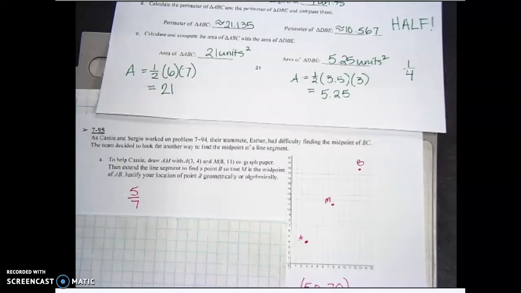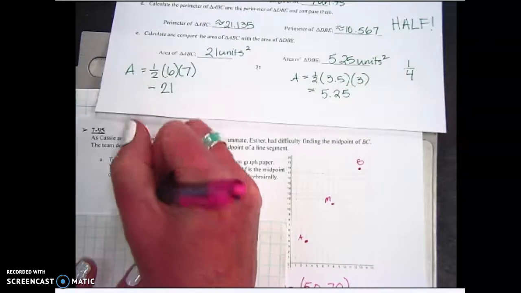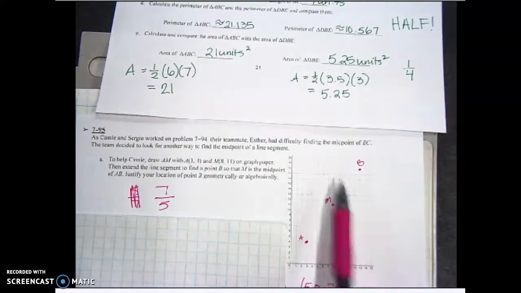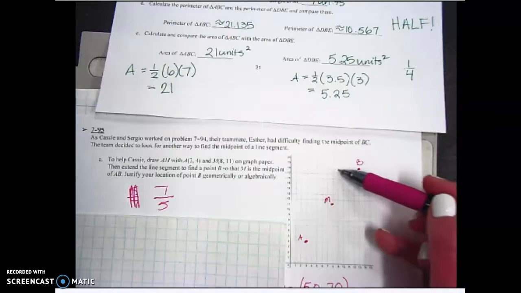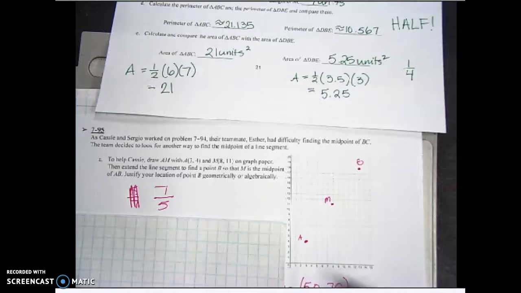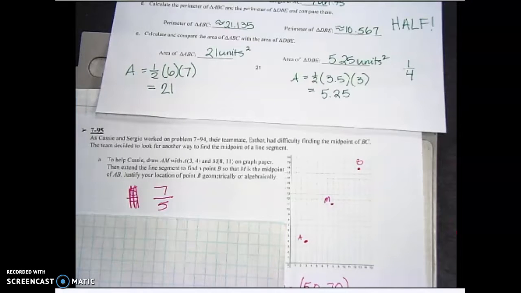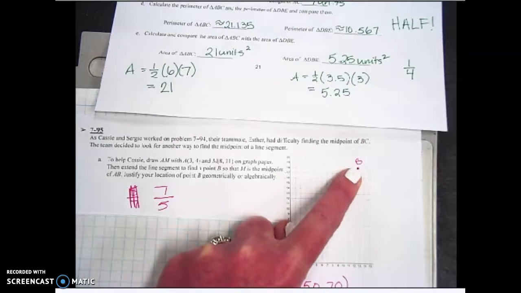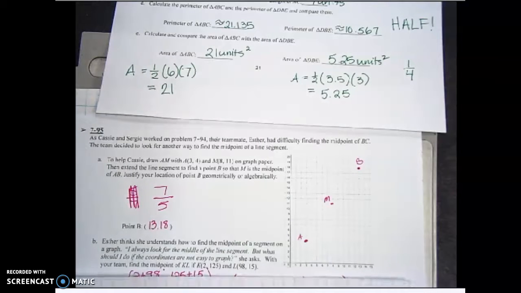Up 7 over 5. So you're going to do the same thing to get from M to B. You're going to go up 7 and over 5. If you do the same slope from here to here as you do here to here, that's going to make B your other endpoint. Okay?